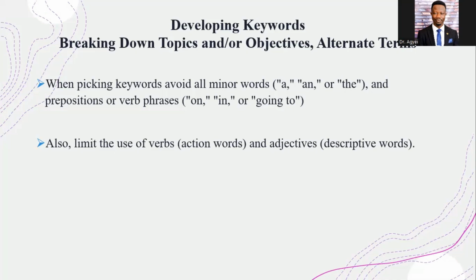There are certain minor words that you shouldn't bother to type into the search engine. Prepositions and articles you don't need, and verb phrases also. So what you need to do is limit the use of certain verbs and certain adjectives, and just go straight to look for the keywords.